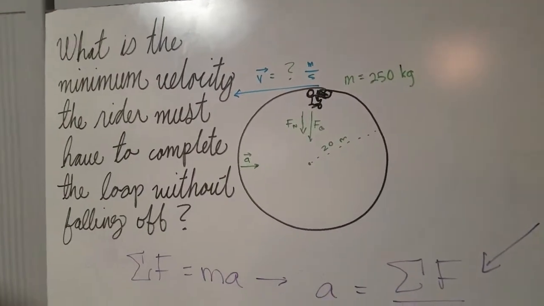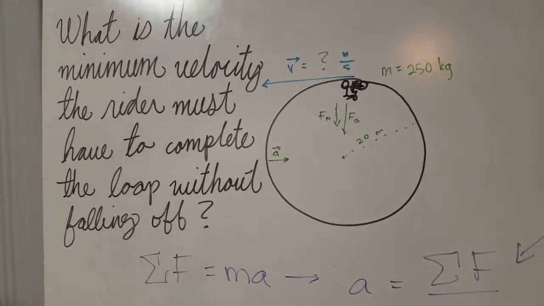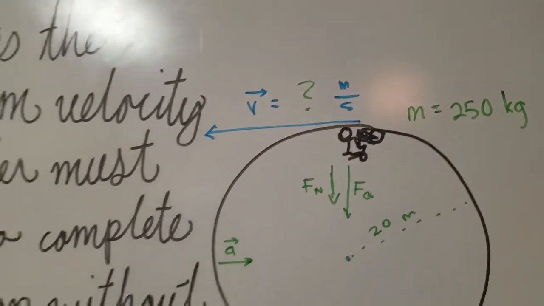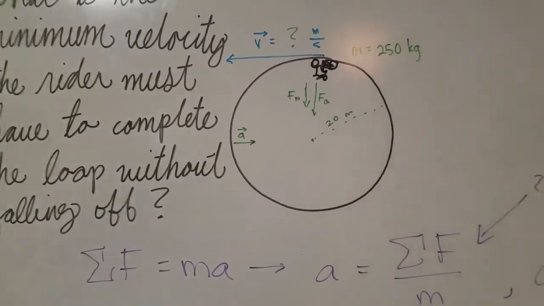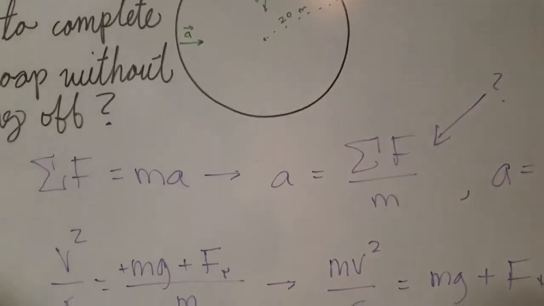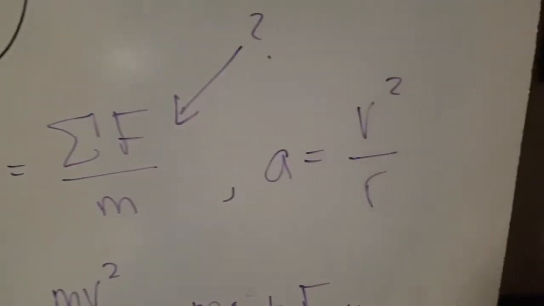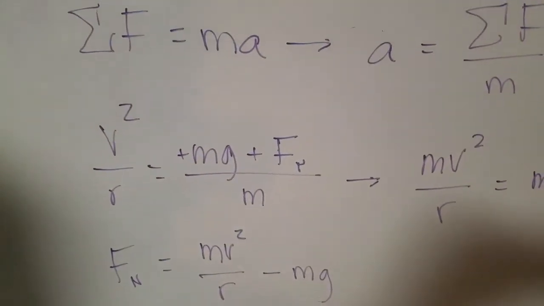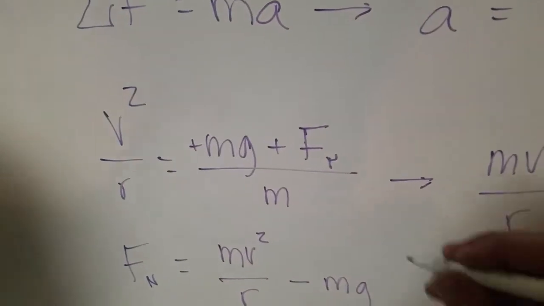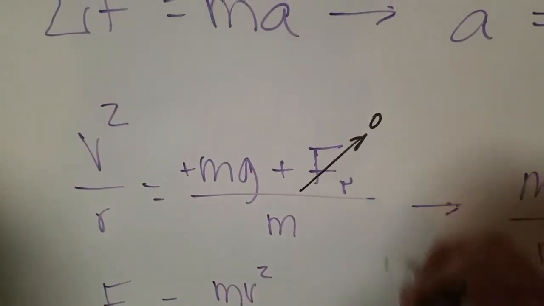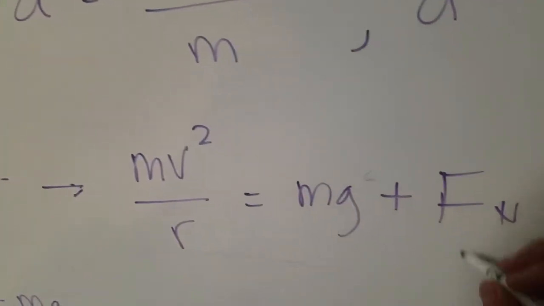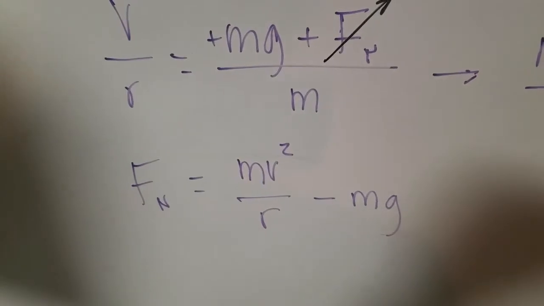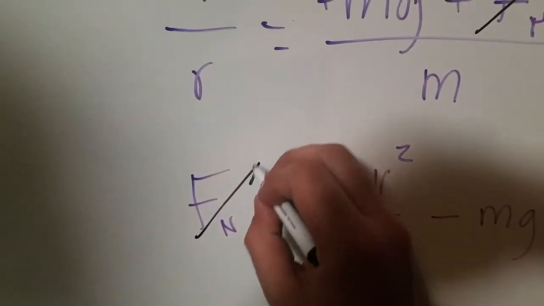So here's the problem statement. What is the minimum velocity the rider must have to complete the loop without falling off? And you see our velocity is no longer 25 meters per second. That's what we're going to solve for. But what I just said is we set the normal force equal to 0. So we go through this whole process again, and instead of the sum of the forces being both the normal force and gravity, the normal force goes to 0, and that means that this goes to 0, and also means that this goes to 0.